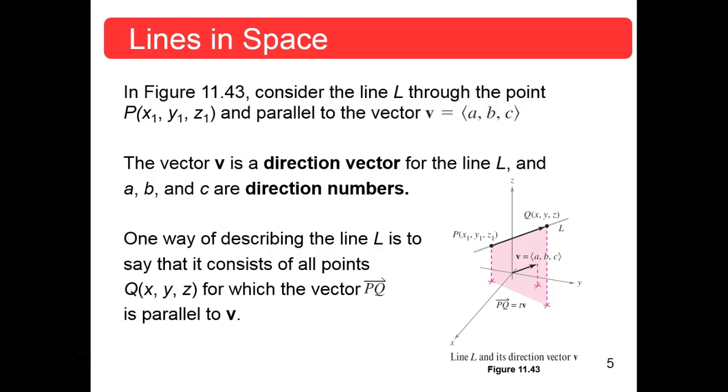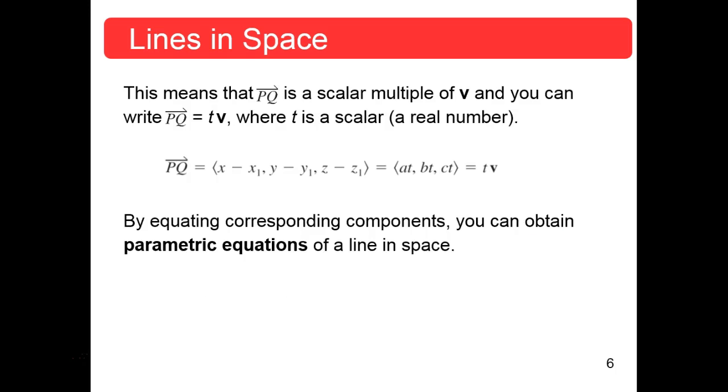Another way you can express this is the vector PQ is angle bracket x minus x1, comma, y minus y1, comma, z minus z1. That's how two points define a vector, where the initial point is this one and the terminal point is that one. Okay? So this is an expression for PQ.